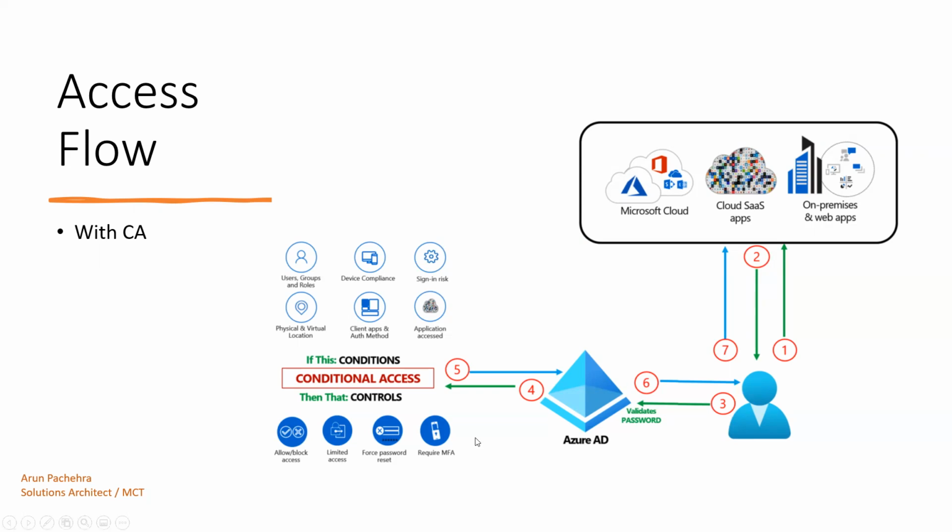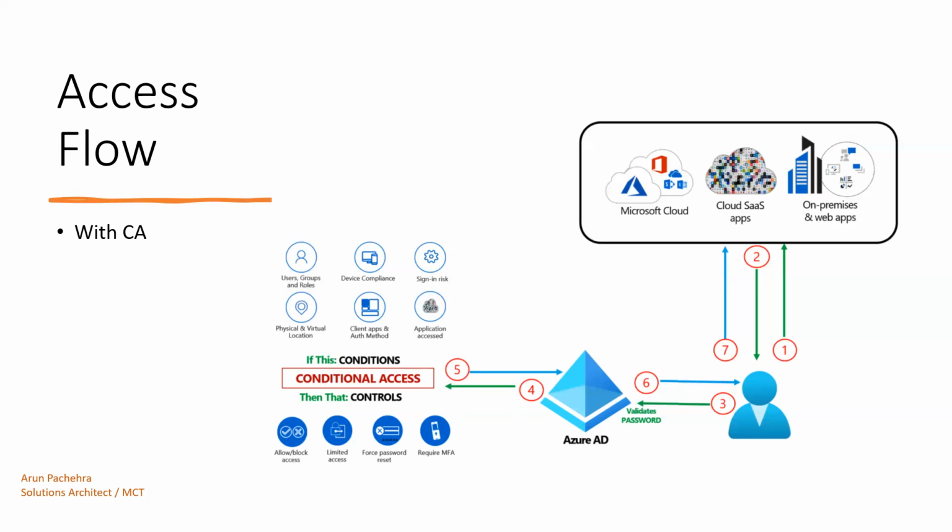Now, step 4, following successful password verification, the request is evaluated using the configured conditional access policies. Okay, so the password is fine, but we need to verify the conditions applied in the conditional access policies. We can have one or more conditional access policies configured.